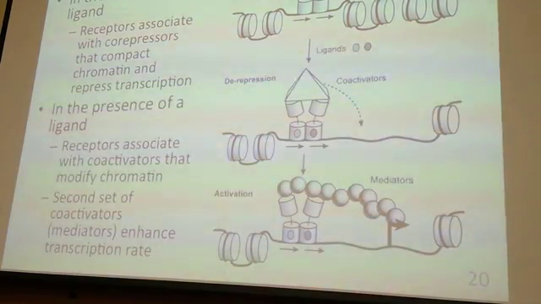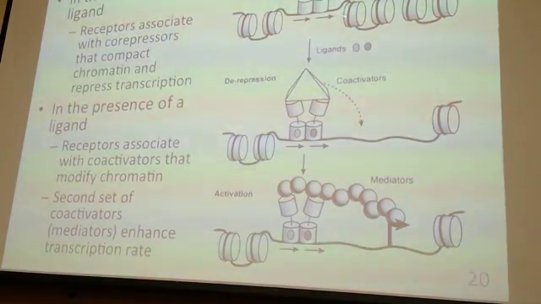In the presence of a ligand, so in the presence of our all-trans retinoic acid, this is going to bind to our RAR, which is present in this heteroligomer, and it's going to recruit a different set of coactivators. Okay? And there's a kind of a two-step phase that happens here. The first step is de-repression, so we get, again, the alteration of the histone packing of the DNA.